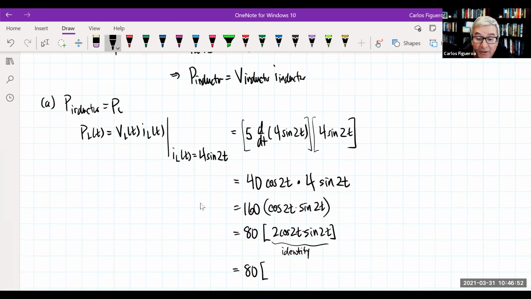Then it has to be what? It has to be the sine of 2t plus 2t, plus the sine of the argument subtracted.